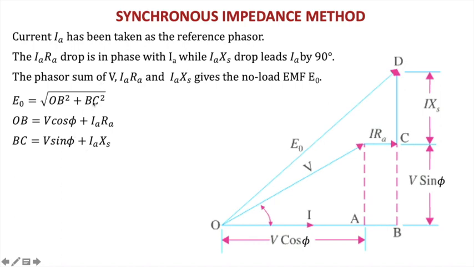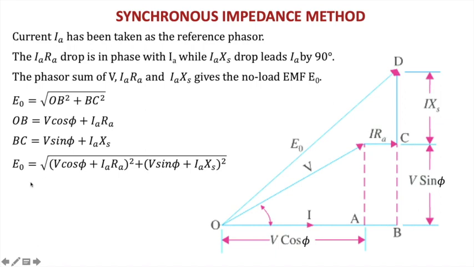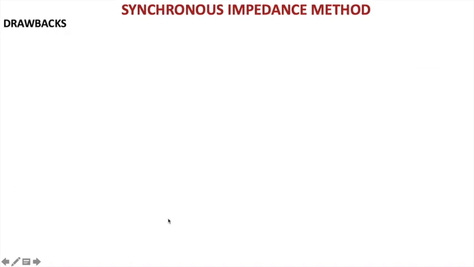Not BC, it should be CD square. Therefore E0 will be the square root of (V cos phi plus IRA) whole square plus (V sin phi plus IXS) whole square. So the percentage regulation is E0 minus V by V.